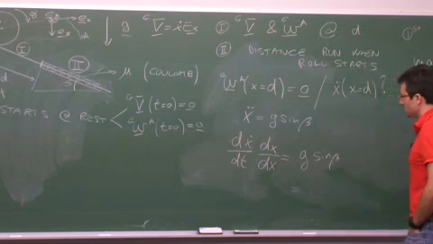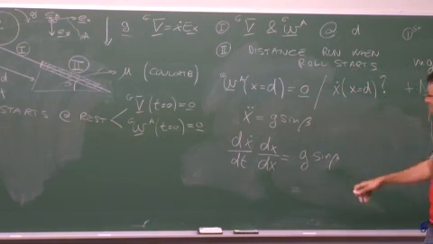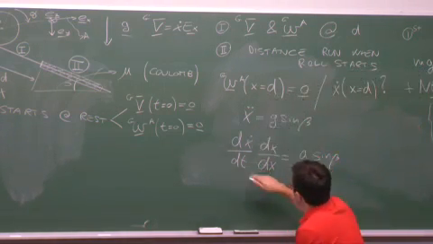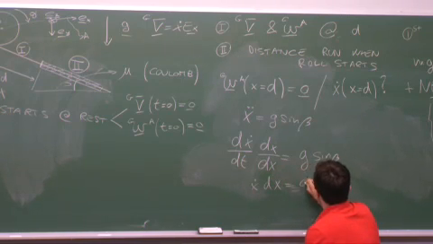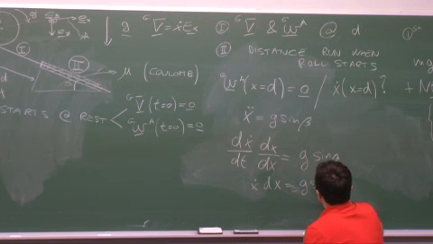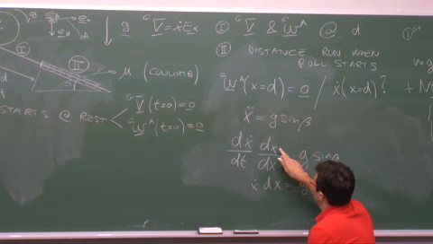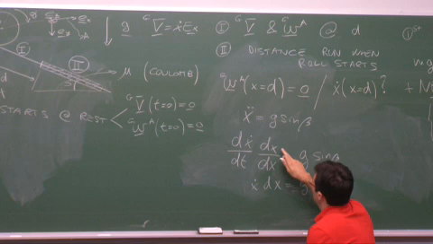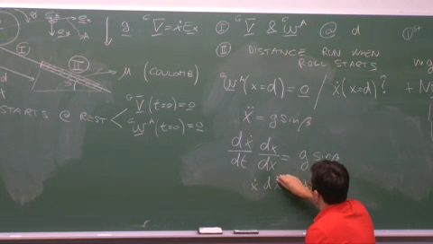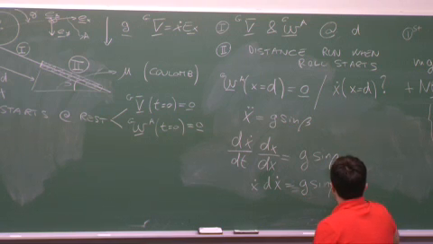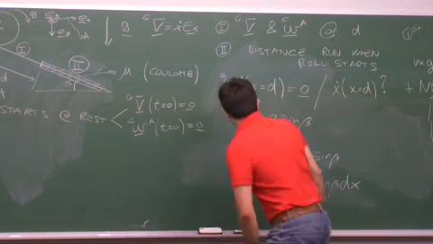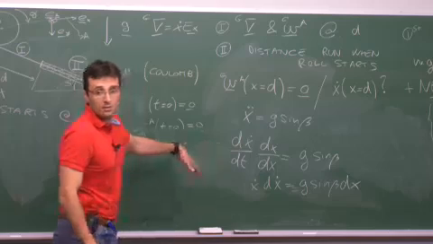Okay. I can do that, right? Then dx in dt is again x dot. So I have an x dot dx dot equals g sine beta dx. Is this step clear? Yeah.